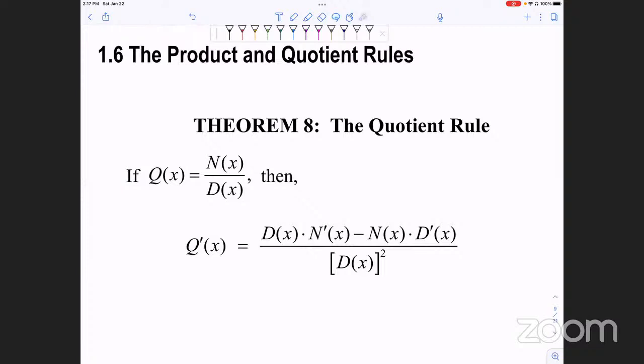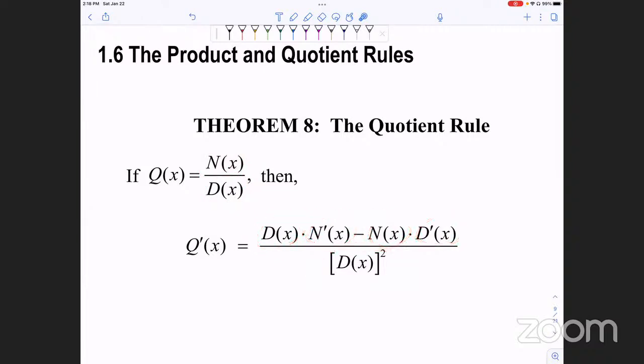Now we want to take a look at the quotient rule. Say we consider one polynomial divided by a second, then the derivative of that quotient goes low d high minus high d low, all over low squared.